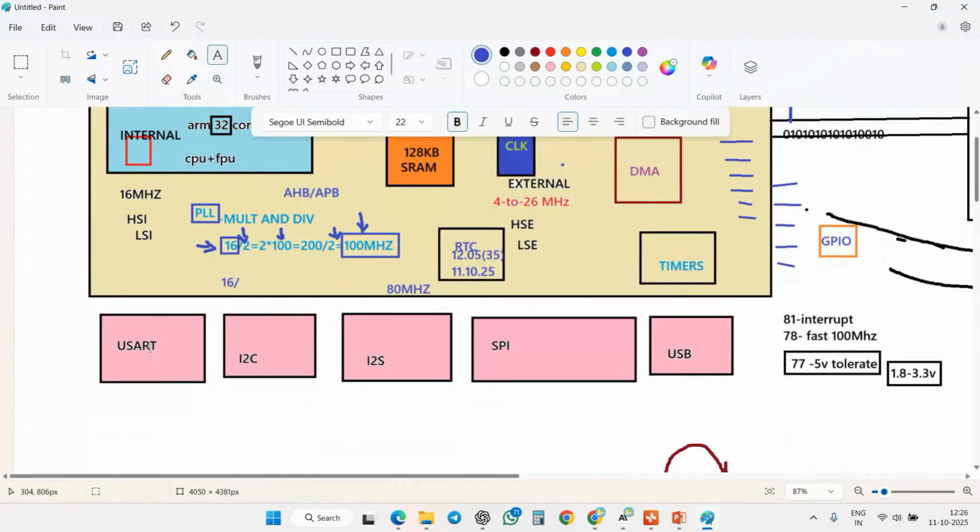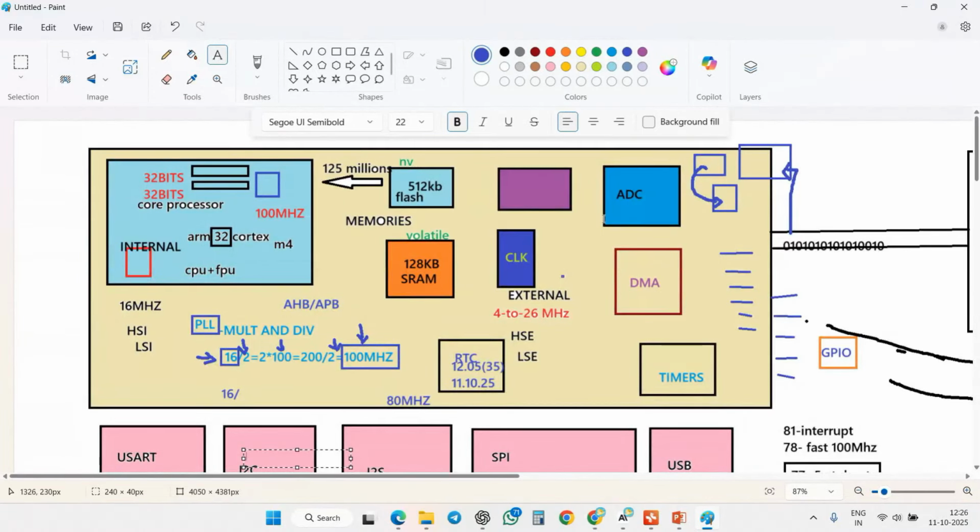I need to know where the user pins are, what the GPIO pins of the user are. I need to know what the GPIO pins of I2C, I2S, and ADC, DMA, timers are.